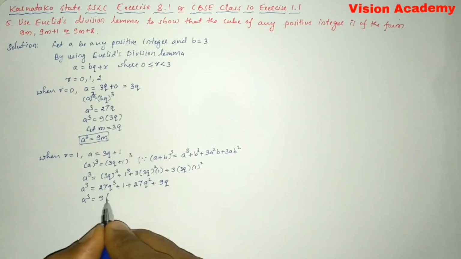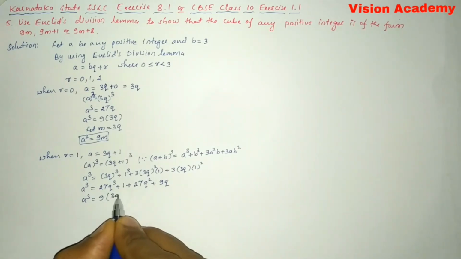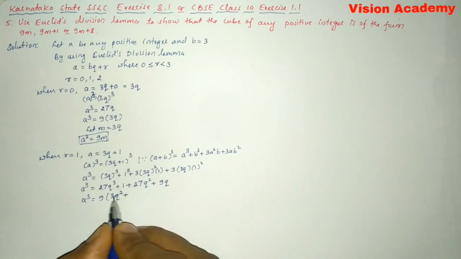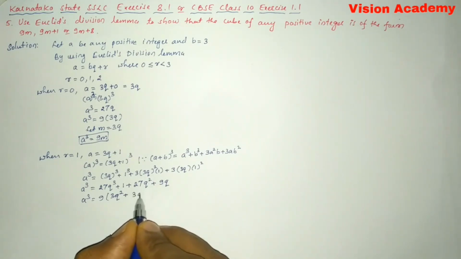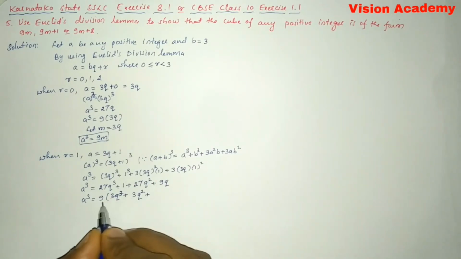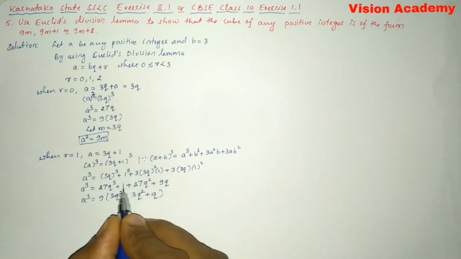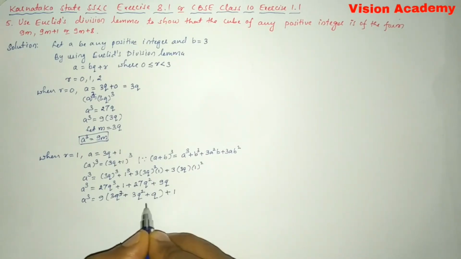So 9 how much are 27? 9 3s are 27. So we'll write here 3q square plus next we'll write this one as 9 3s are 27. Here this is q cube, q square plus 9 1s are, so that is only q remains, and this plus 1 we are going to write outside the bracket.